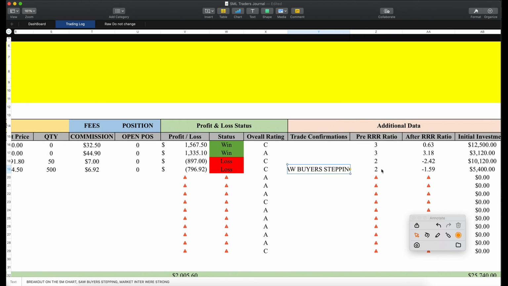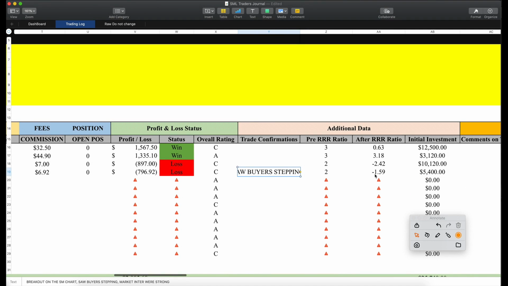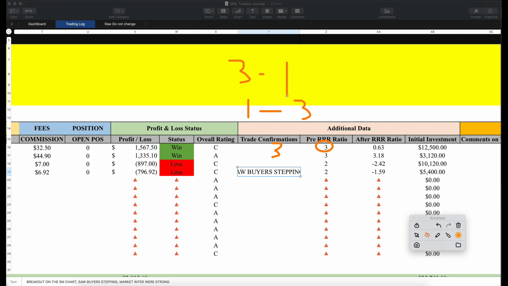Now, when I go here, this is gonna show me my pre-trade risk reward ratio and my after. Obviously, if it doesn't match or it's lower, there's an issue, right? So if you guys look at the first trade, before I took the trade, my risk reward ratio was a 3, meaning I was willing to risk $1 to potentially make $3, right?